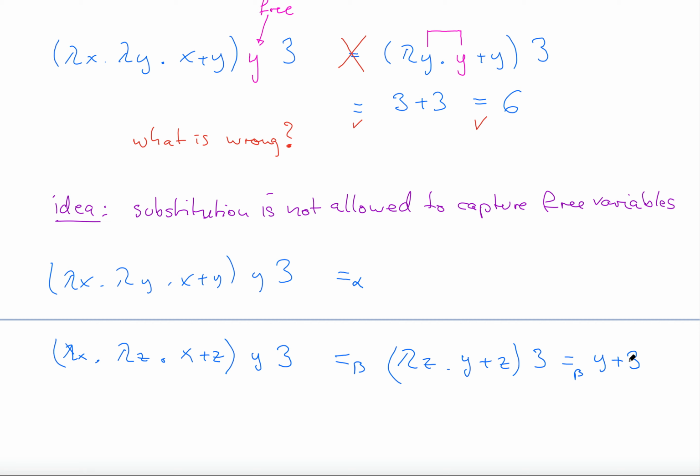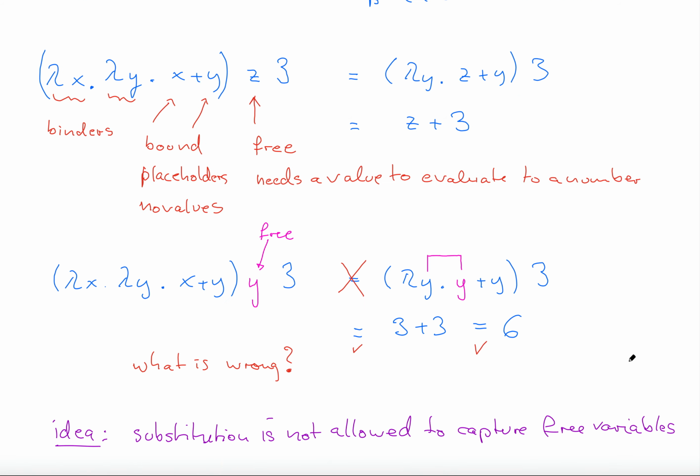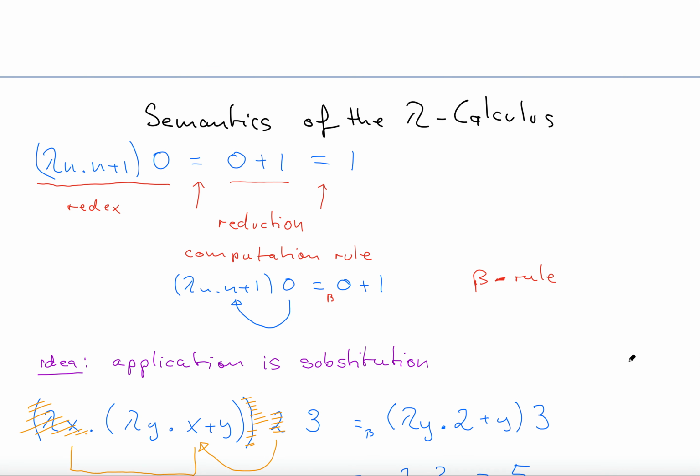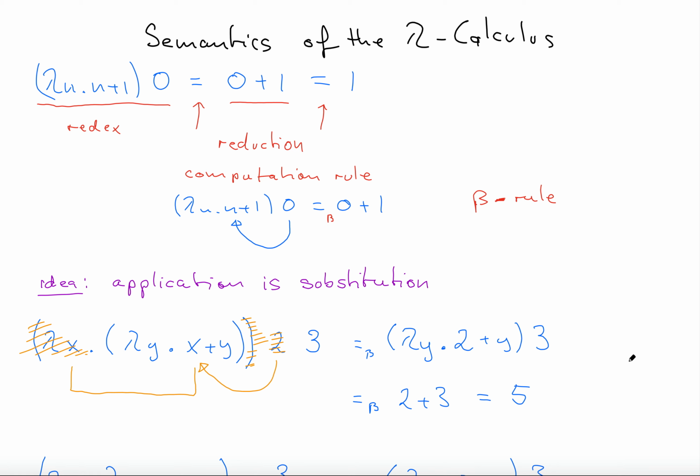Okay, so that's the semantics of the lambda calculus. There is not more than that. There are these two rules, alpha and beta. Alpha is renaming of bound variables, something you are very familiar with. And the beta rule is also something you're familiar with from programming, because that's essentially how you apply a function to an argument in C-like programming languages as well.